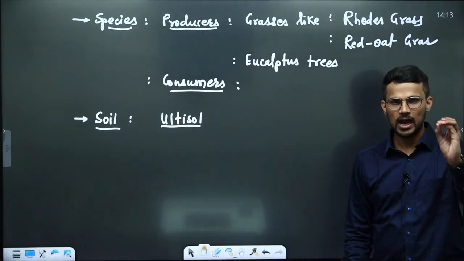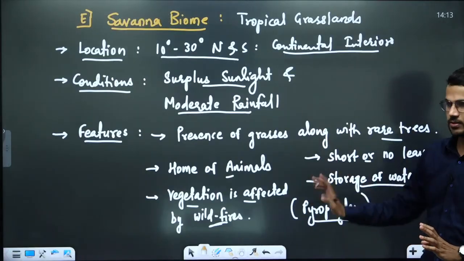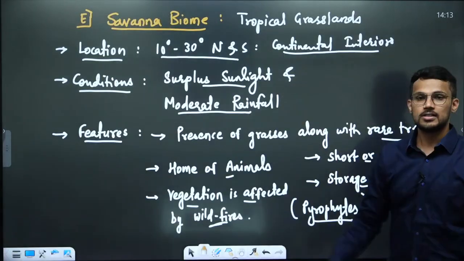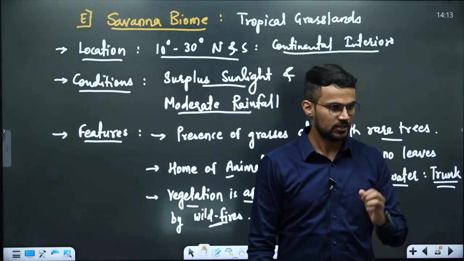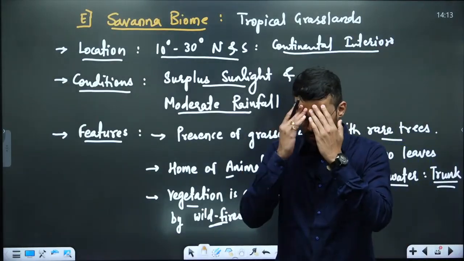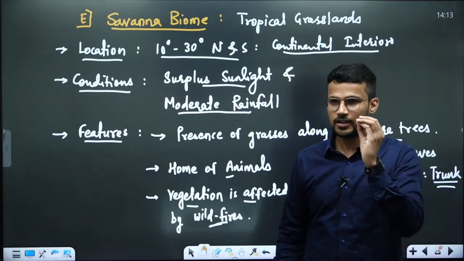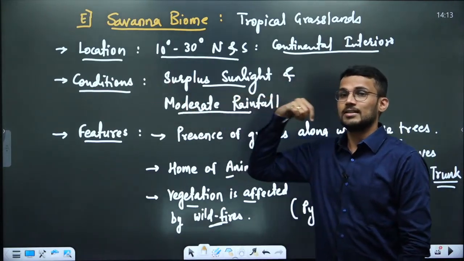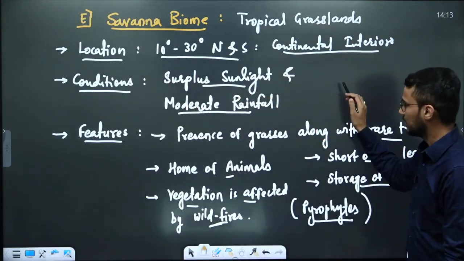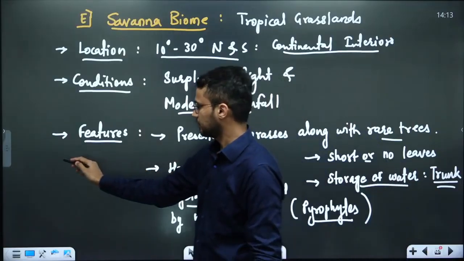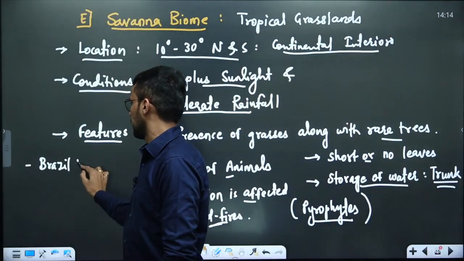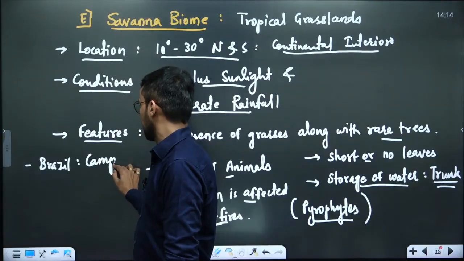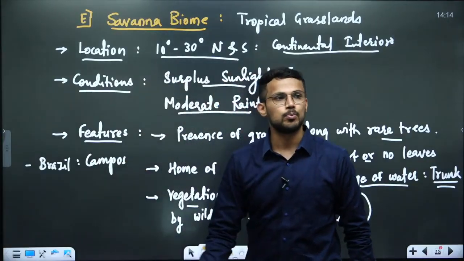Now I would like to add one point in features. Names of this savanna biome. Savanna is a popular name in, sorry, not Australia, Africa. At the same time, there are some other names. In Brazil, it is known as Campos.